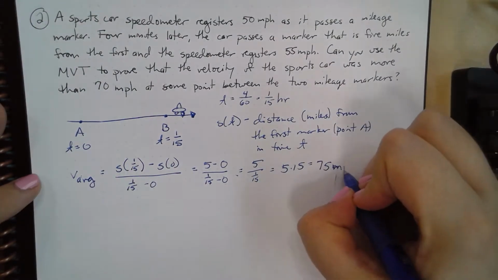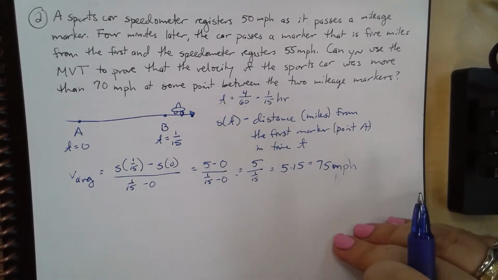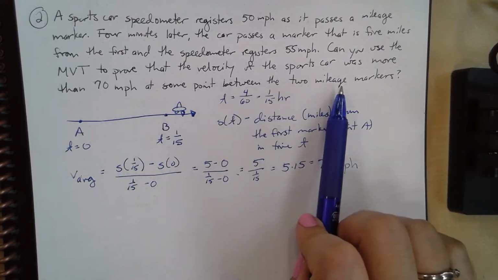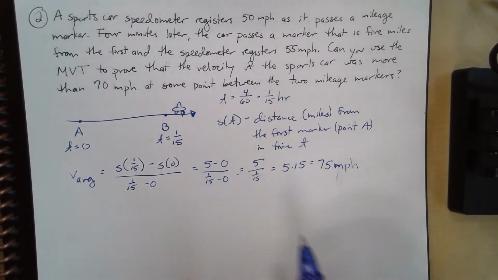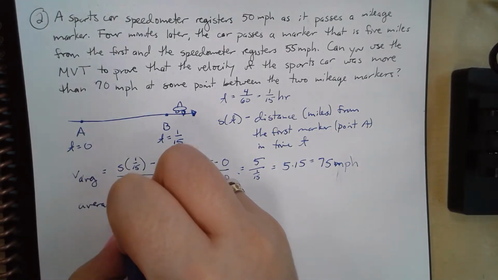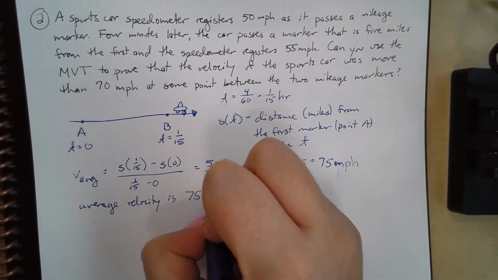Miles per hour is written as mph. Okay, so if this is 75 miles per hour, the average velocity is 75 miles per hour.